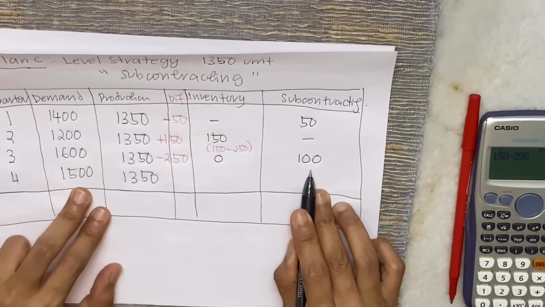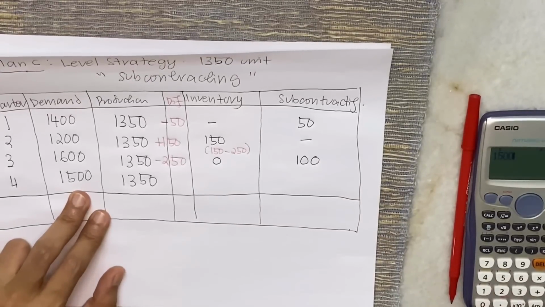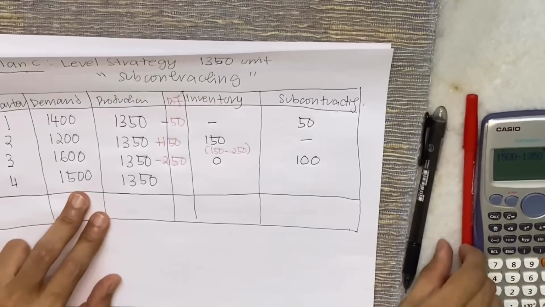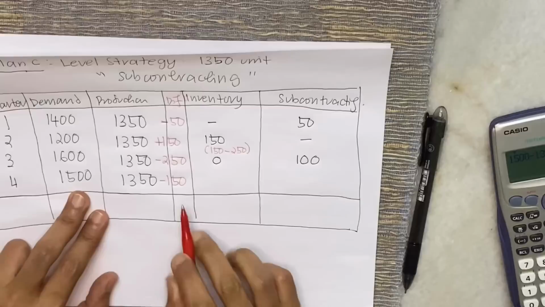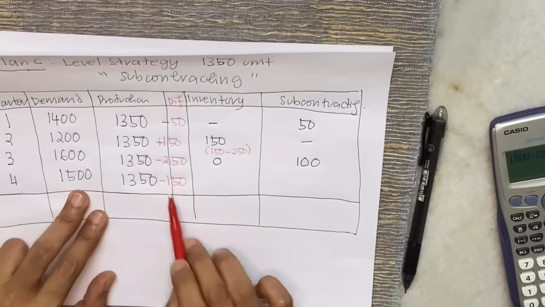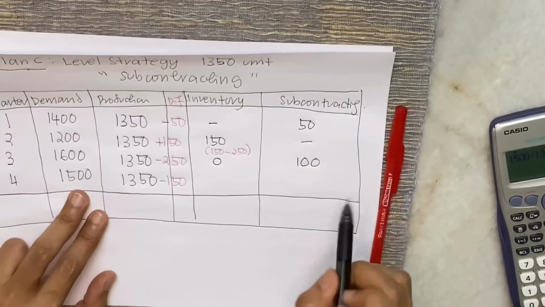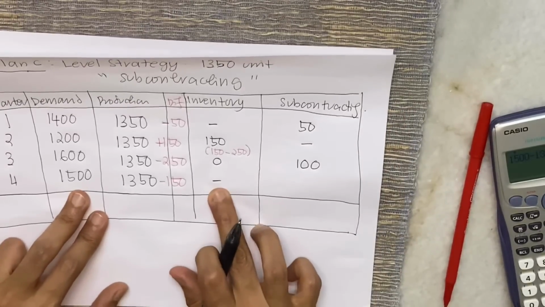Right? But for the quarter 4, 1500 minus with 1350. So we got the shortage of 150. Negative 150. Since we don't have any inventory here, cik ni bubuh dash, tak ada apa-apa inventory.